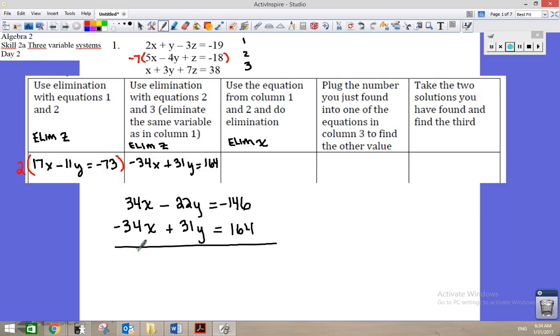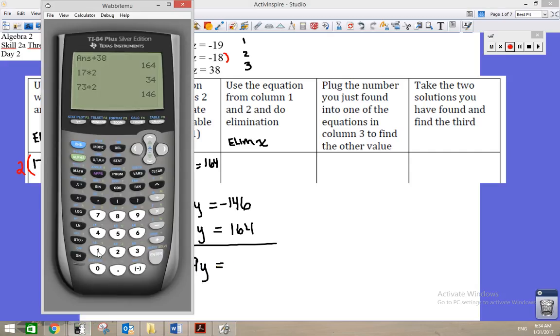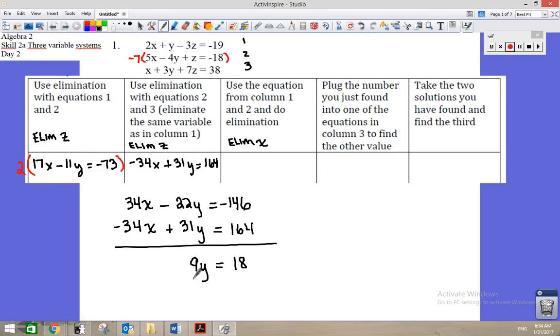The x's are eliminated, and we've got 31 minus 22, which is 9y, and 164 minus 146, 18. That's working out kind of nice, because if we divide both sides by 9, we have that y is equal to 2.